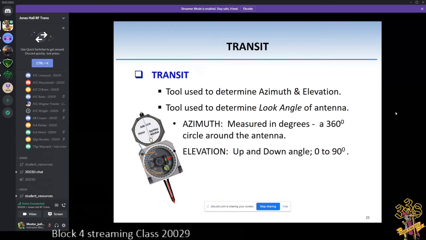So you need to know what direction to point it and how high to point it. So we use a transit. The transit will allow you to get the azimuth, which is measured in degrees. You have a 360-degree circle. Elevation allows you to get the up and down angle, which goes from 0 to 90. After 90, it starts going back down.